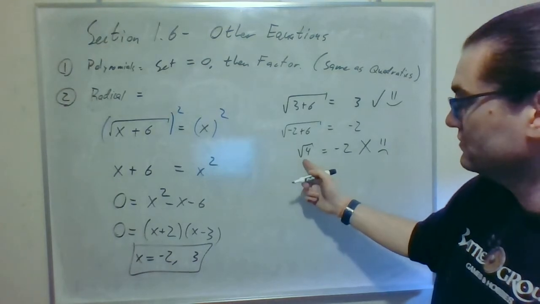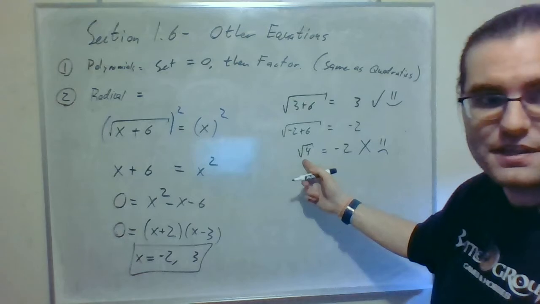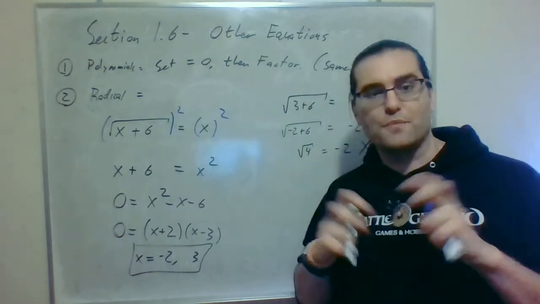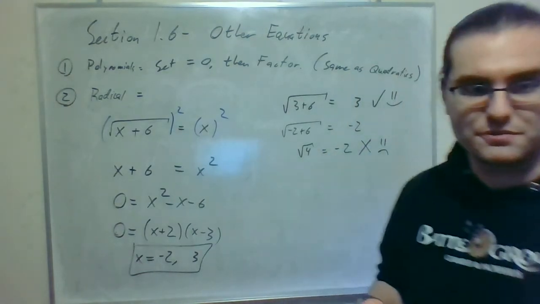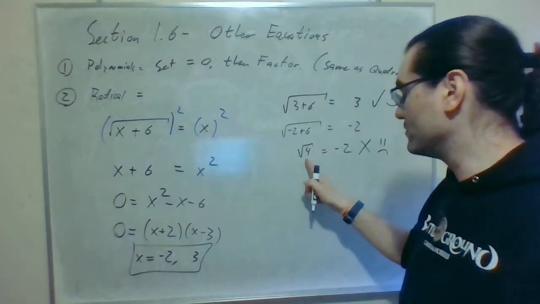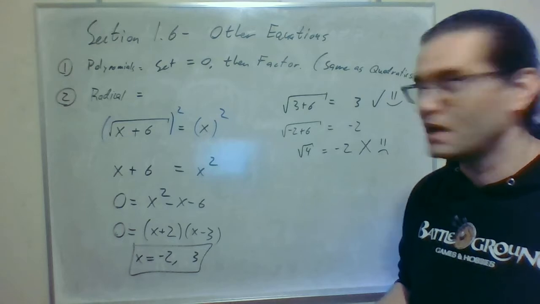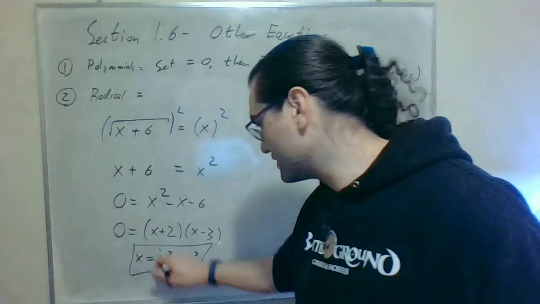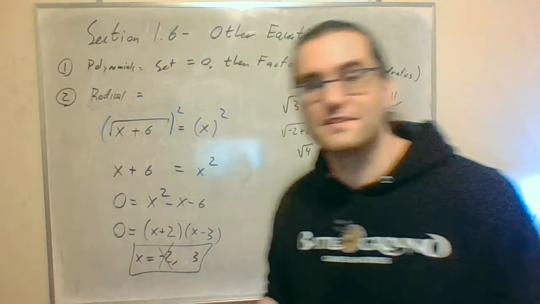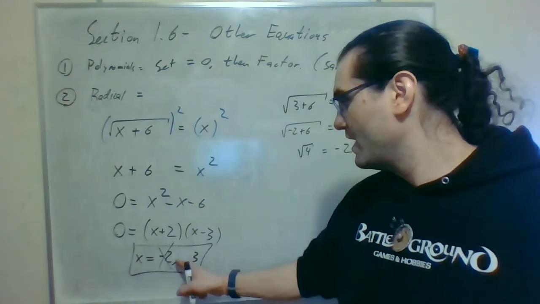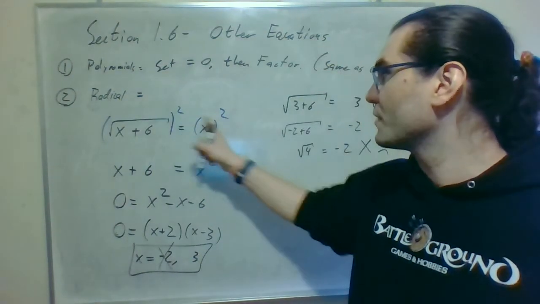This radical always means the principal or the positive square root. So the square root of 4 is positive 2, it's not negative 2. So this is not a solution, it doesn't check out. This is a false solution that got introduced because we squared the thing.